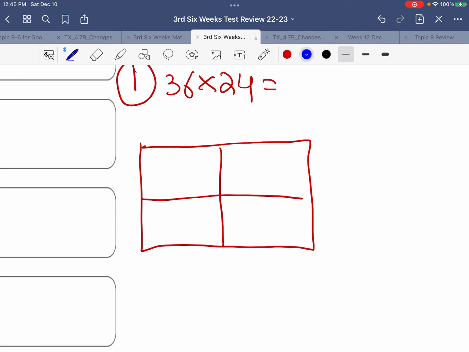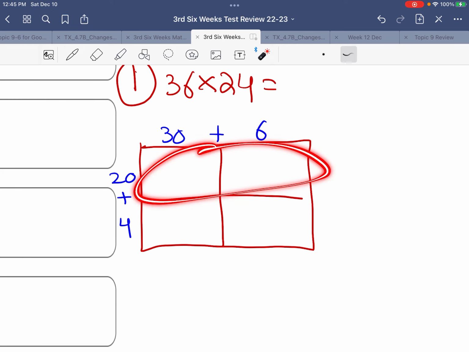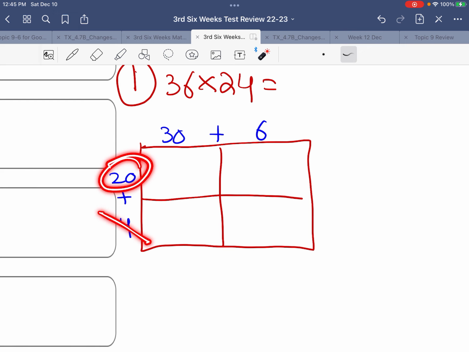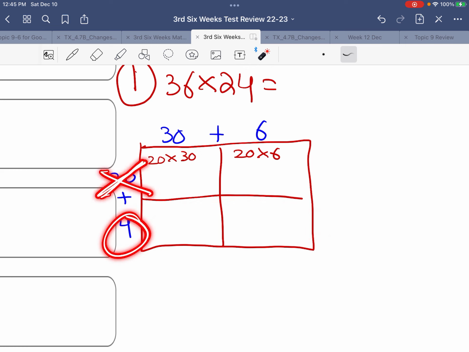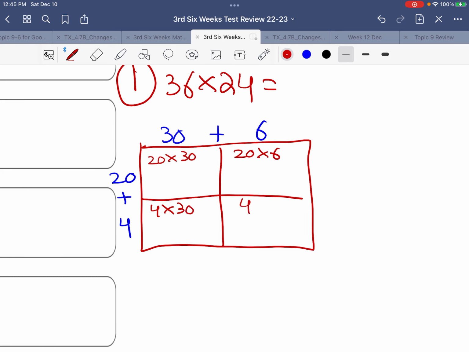I'm going to expand my number, so 30 plus 6, 20 plus 4. Remember, when I multiply the top, I'm just using the 20, not using the 4. So I have 20 times 30, 20 times 6. For the bottom, I'm using the 4, not the 20 anymore. So 4 times 30, 4 times 6. And now I can multiply.